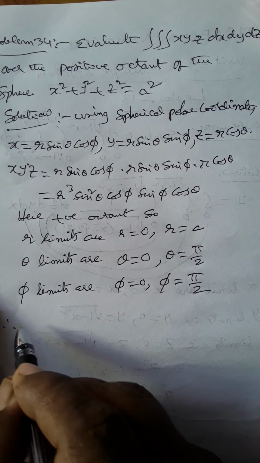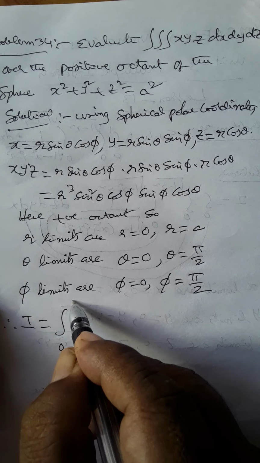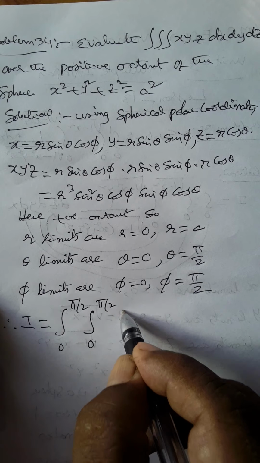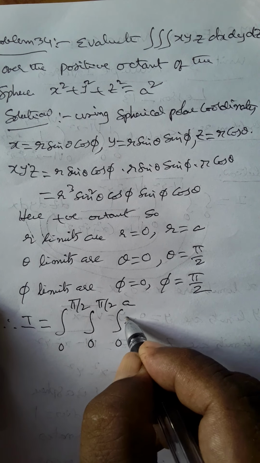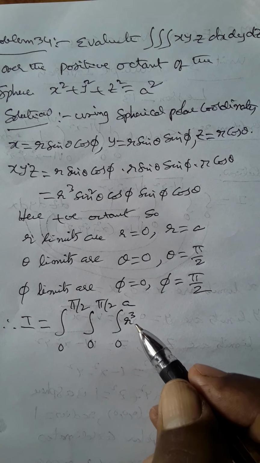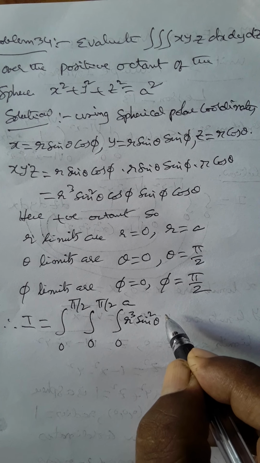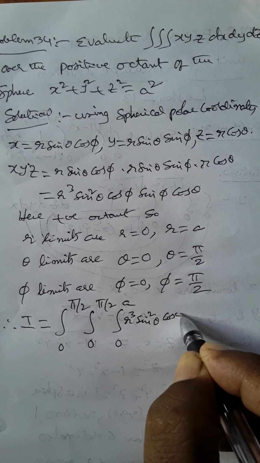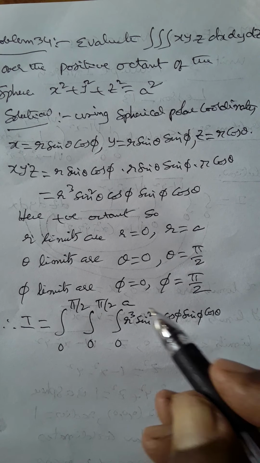Therefore I is equal to integral 0 to pi by 2, integral 0 to pi by 2, integral 0 to a of xyz, r cube sin square theta cos phi sin phi cos theta.